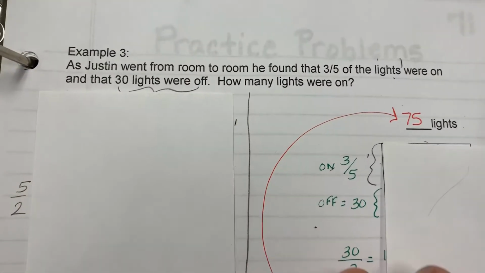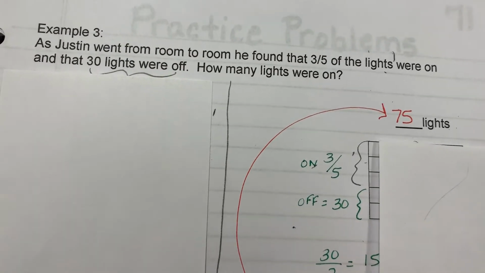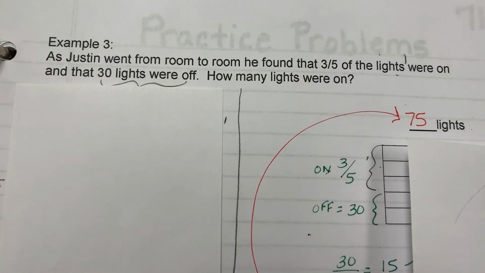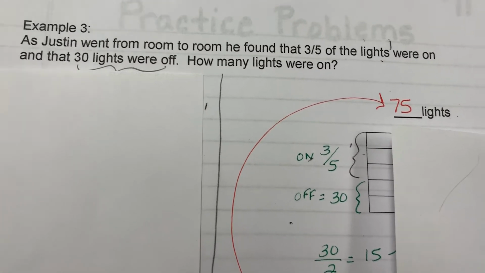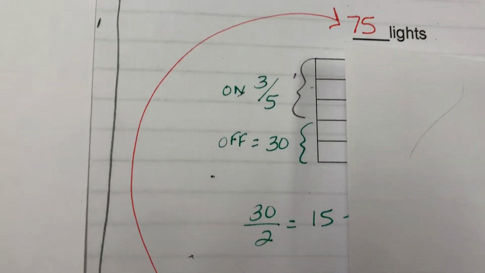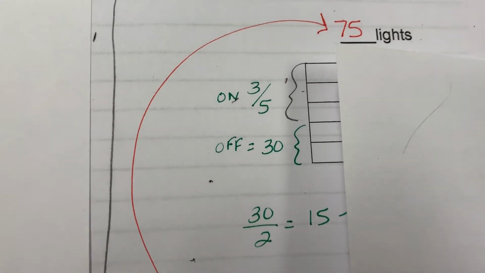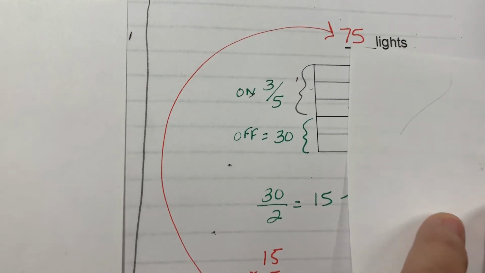So I mark my diagram. I can see here, if I were to make 5 boxes, that 3 of them I mark as on. That leaves me 2/5 are off, and they told me that was 30. So what I'm thinking is, if I take 30 and divide it by 2, that should clue me in that there are 15 lights in each box.